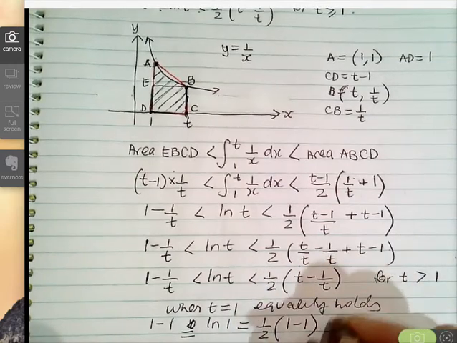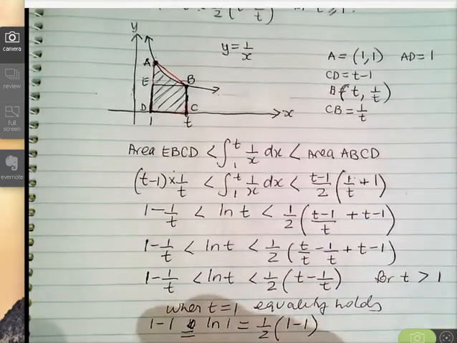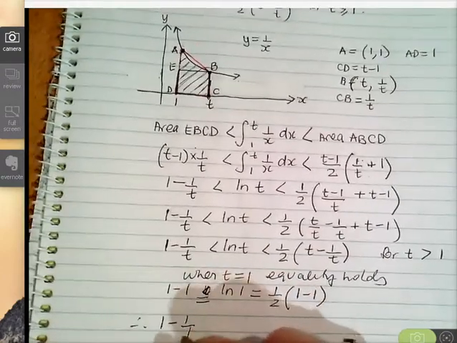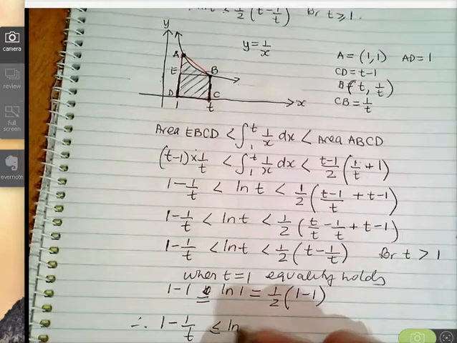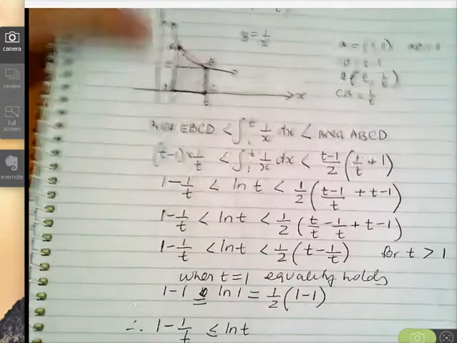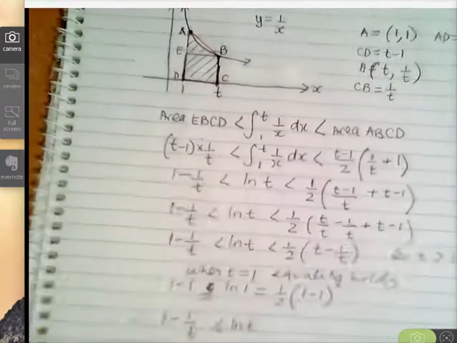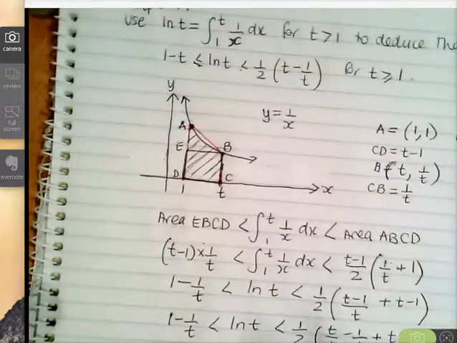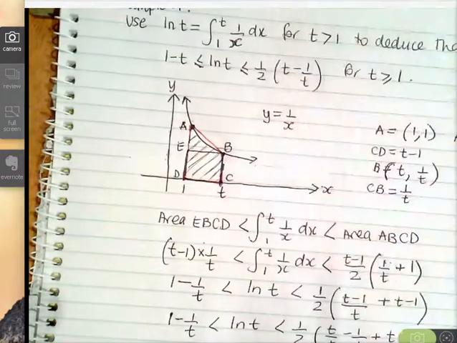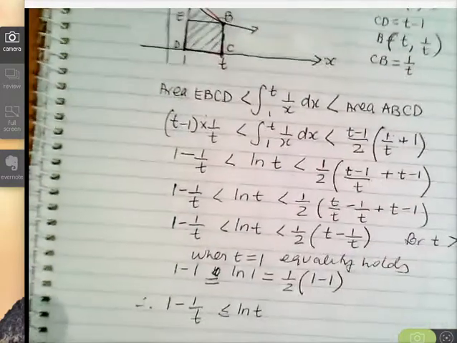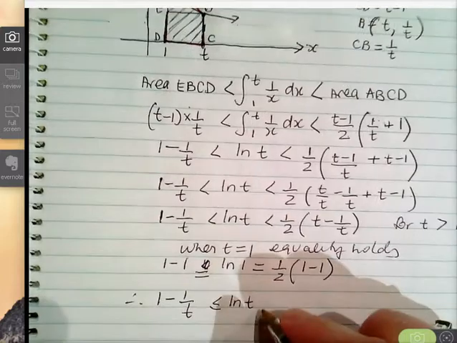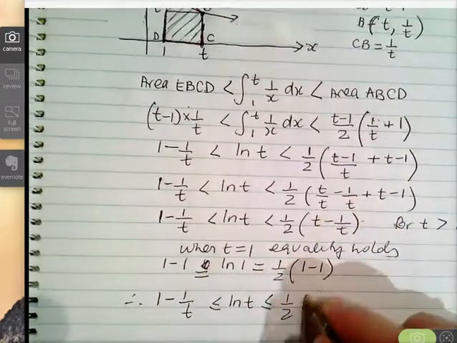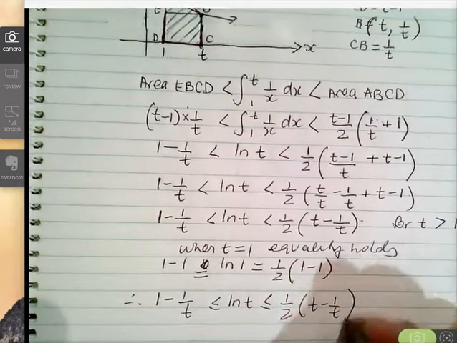Therefore we can say that 1 minus 1 on t is less than or equal to ln t. Sorry, the question was less than or equal to, just going back up here. So it's less than or equal to ln t, which is less than or equal to a half, t minus 1 on t.